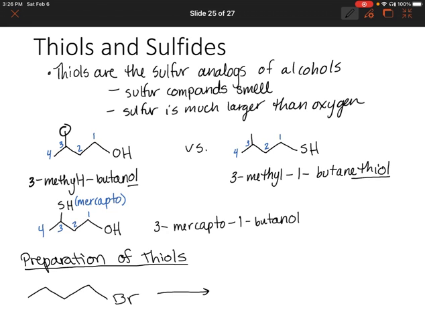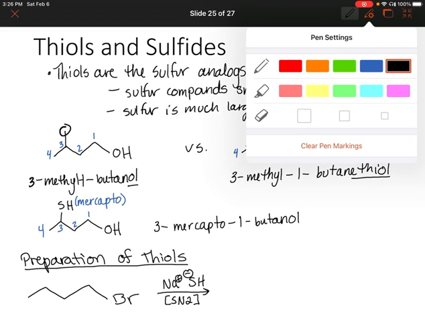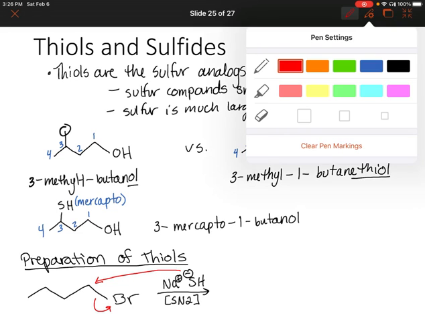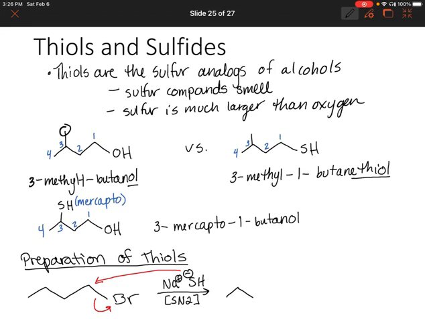Specifically, in this case, an SN2 reaction because we have a primary carbon bonded to our leaving group. And we can use something like sodium bonded to our thiol group. So the thiol is negatively charged, and that's going to come in, or I guess it's a mercapto group, but that will come in and our leaving group will leave, and we'll end up with the thiol molecule.